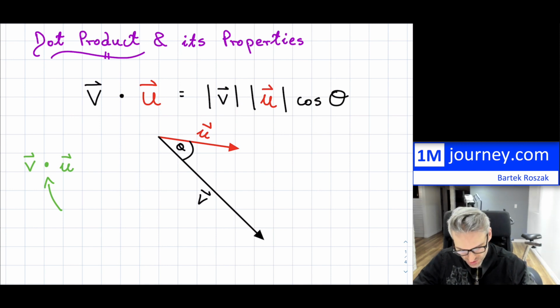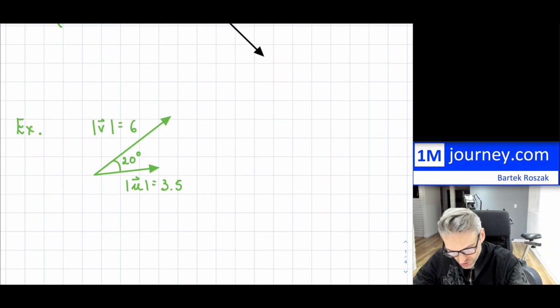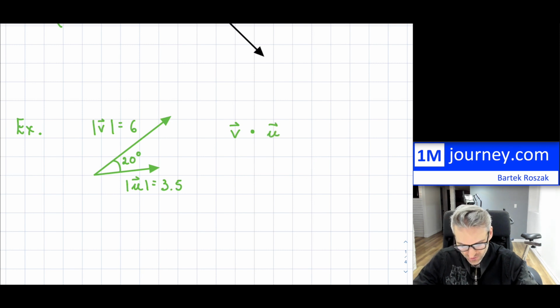Now, what's interesting is it's not very difficult to apply this. So here is an example right here. I have my two vectors. I'm going to say this is V, and it is going to get dotted with U. So here are my two vectors. If I want to find out what its dot product is, then I'm just going to take the magnitude of the first, which is 6, which is given there.